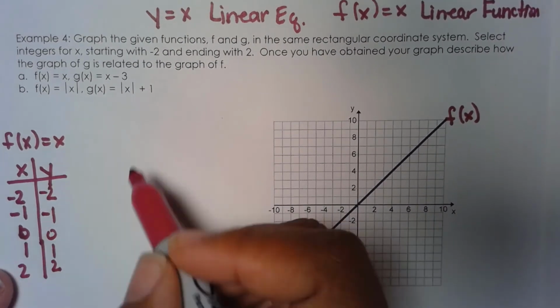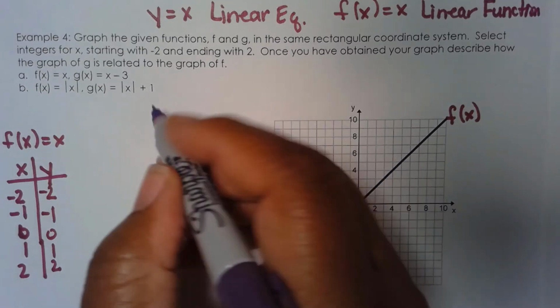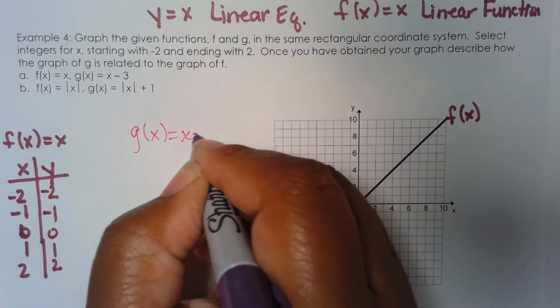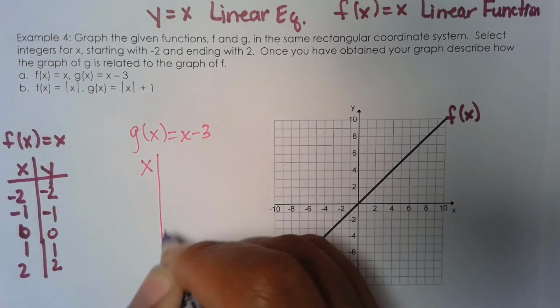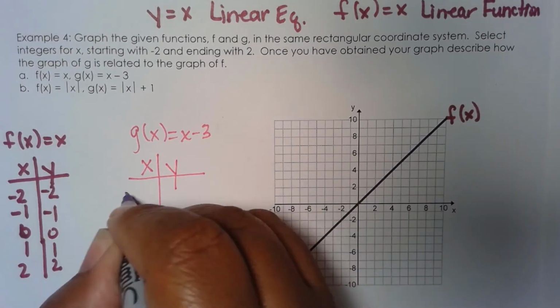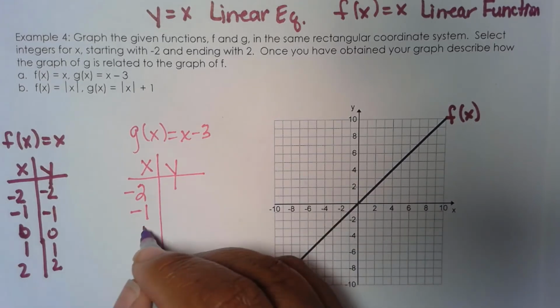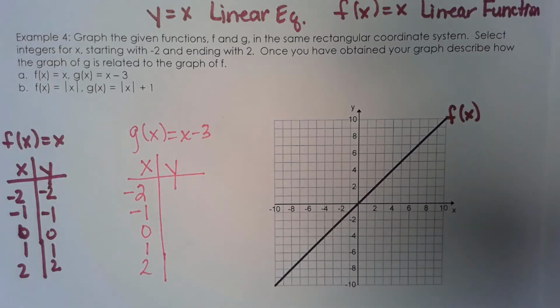It says here now I want you to graph the g of x. Create a table. Plug values in for x, starting with +2, ending with -2, and find y.